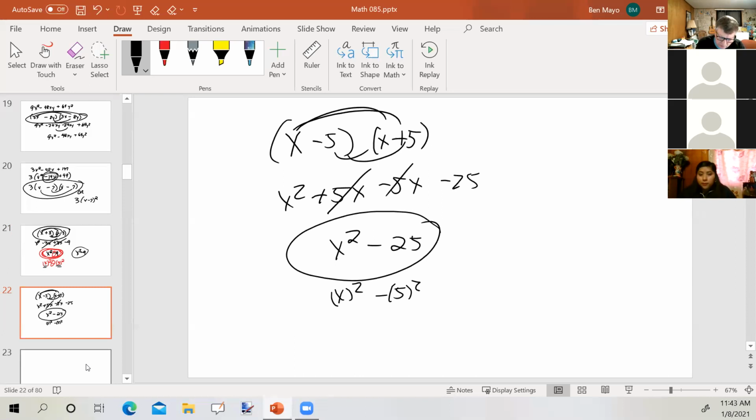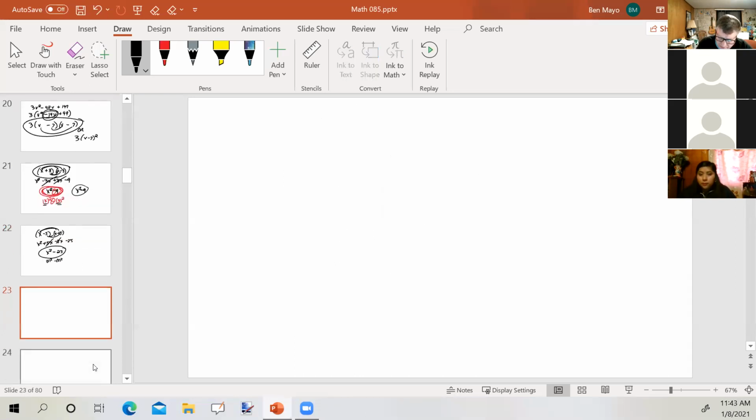So if that's true, then what about going the other direction? What if we have a binomial such as x squared minus 49, and we're asked to factor it? It's not a trinomial, so those techniques we've looked at for the last couple of days don't apply here. It's a binomial.